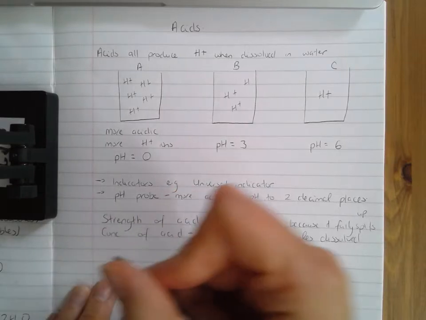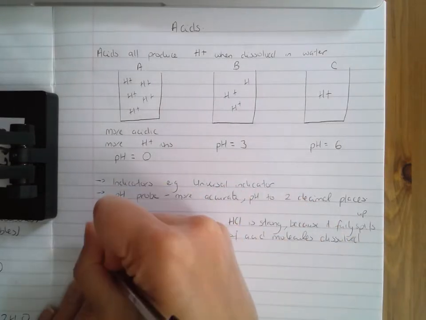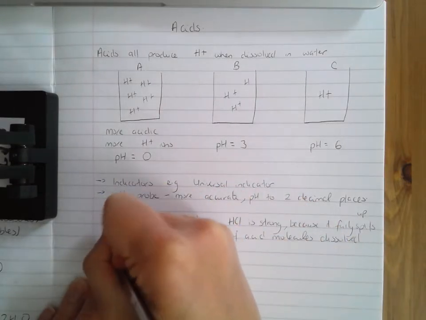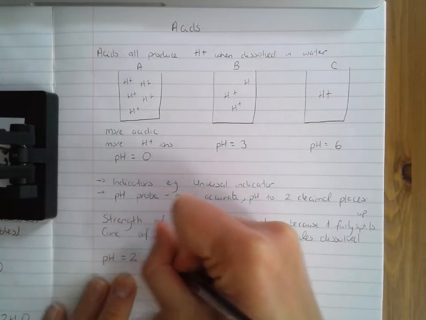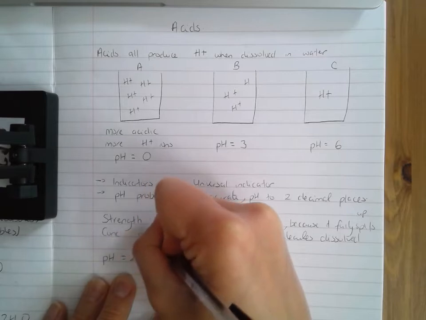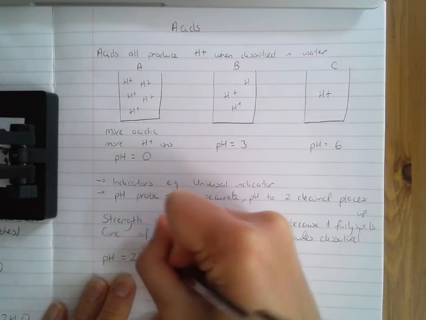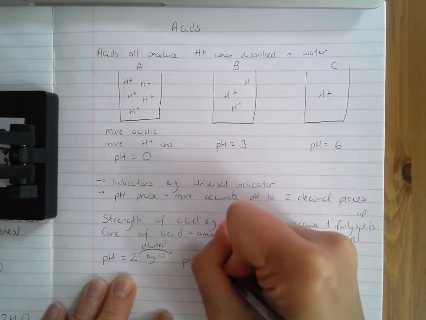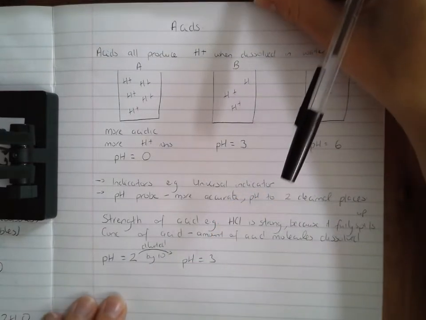And remember, there's a calculation we looked at, okay? If you had an acid that had a pH of 2 and you diluted by a factor of 10, your acid will end up with a pH of 3, okay?